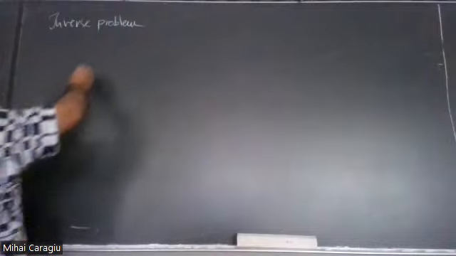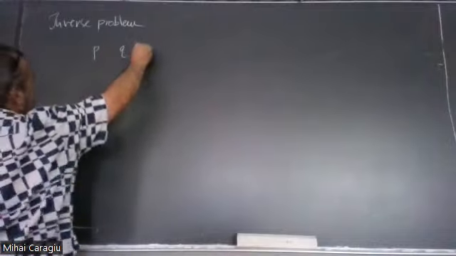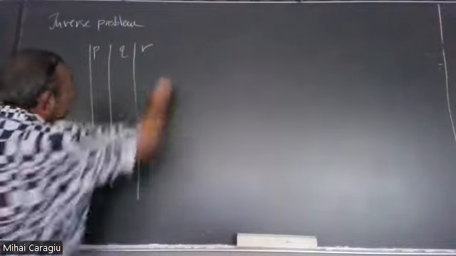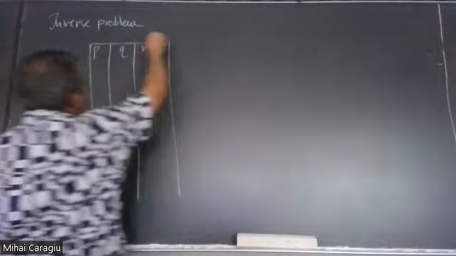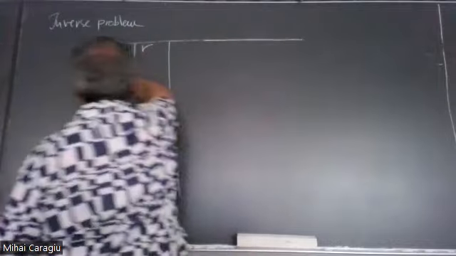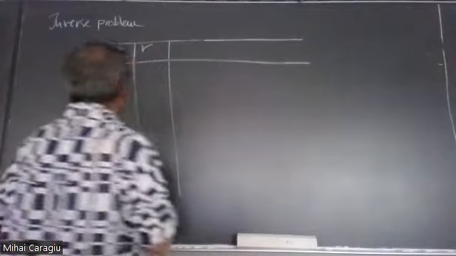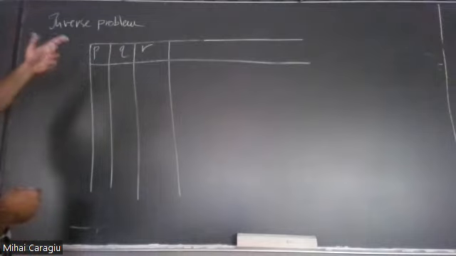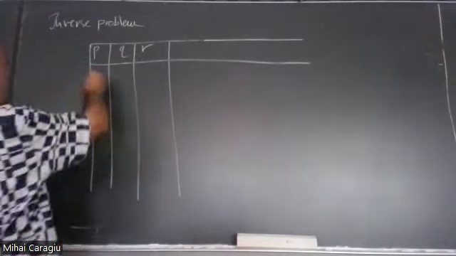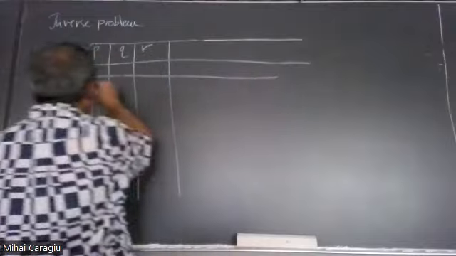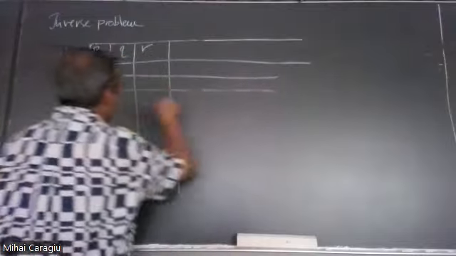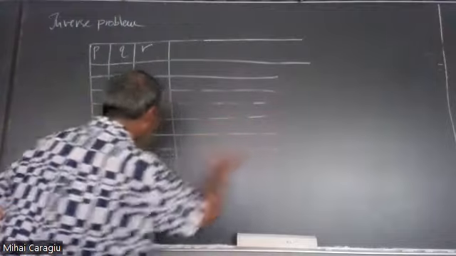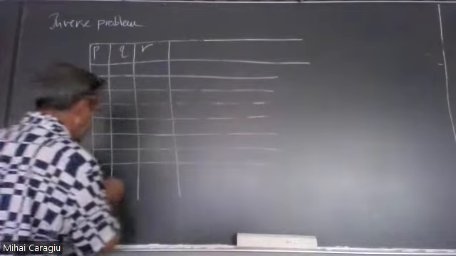So let's build a truth table, just P, Q, and R. Let's say 3 atoms here. Okay, so 3 atoms, 8 lines, because with 3 atoms the number of lines in a truth table is 2 to the power 3, which is 8 again. 1, 2, 3, 4, 5, 6, 7, and 8.